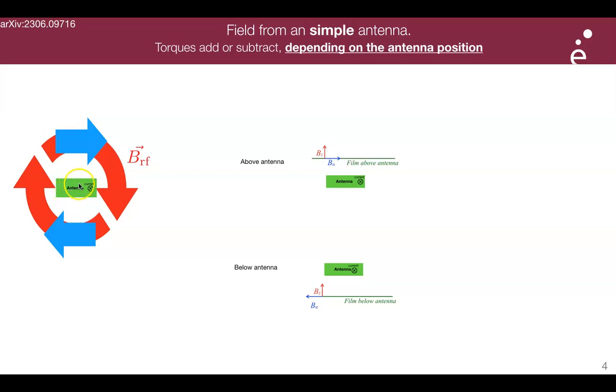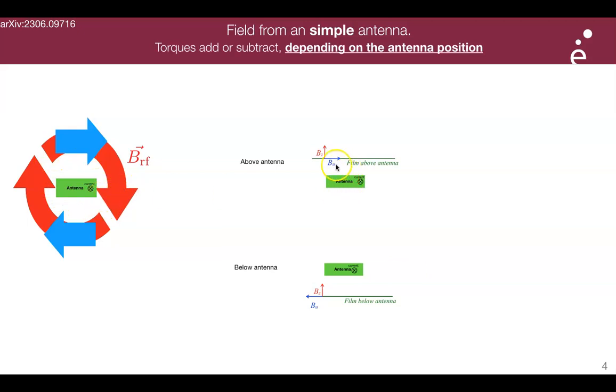And this first choice has its importance. Let me explain why. If you flow an RF current inside the antenna, it will generate essentially in-plane fields below and above the antenna, and out-of-plane fields also below and above the antenna.